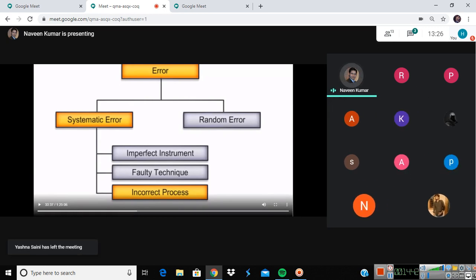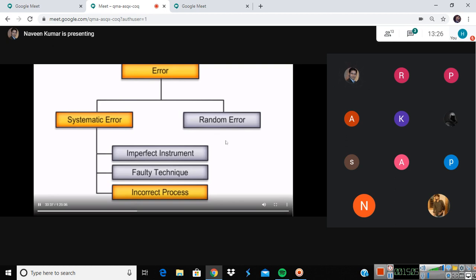Those errors are also known as personal errors. There are also some other errors because of external causes, maybe changing temperature, pressure, humidity, or wind velocity. There are certain errors which are included in the readings and measurements.